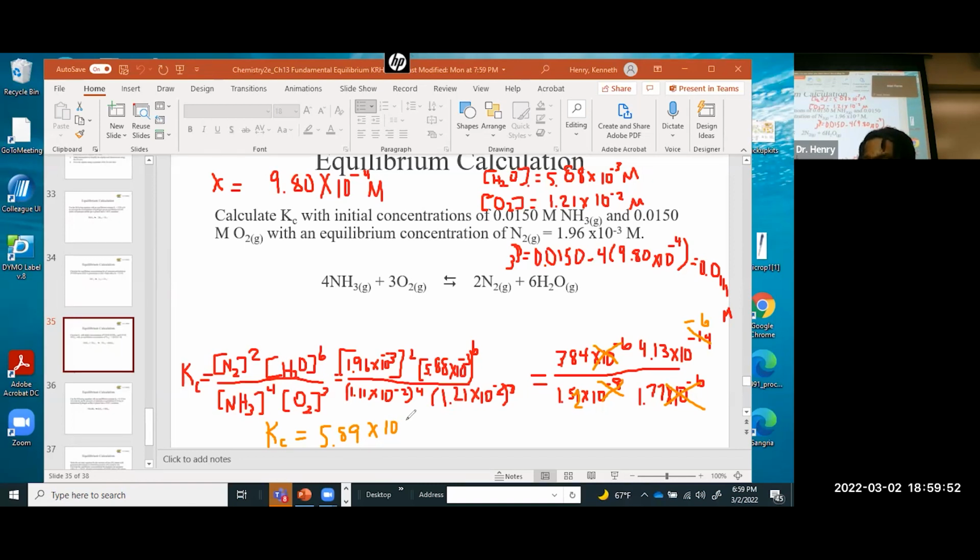So I got 5.89 times 10 to the negative 6.